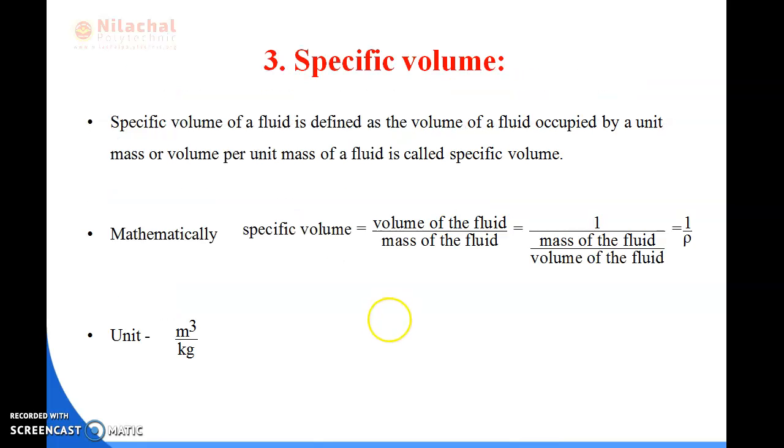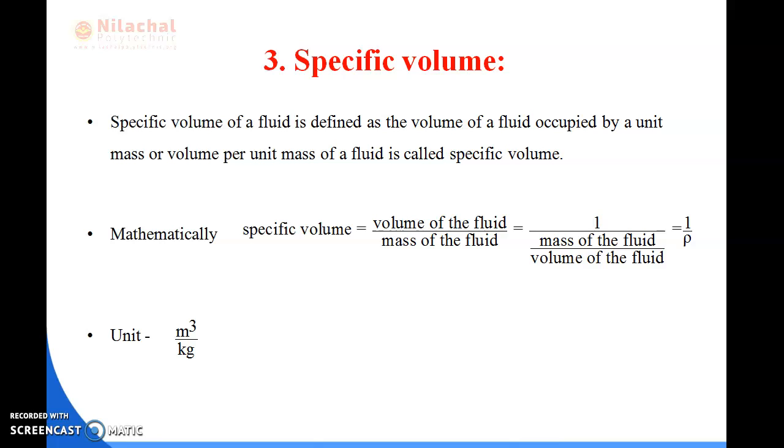The third property is the specific volume, that is the small v. The specific volume of a fluid is defined as the volume of a fluid occupied by unit mass, or volume per unit mass of the fluid is called specific volume.